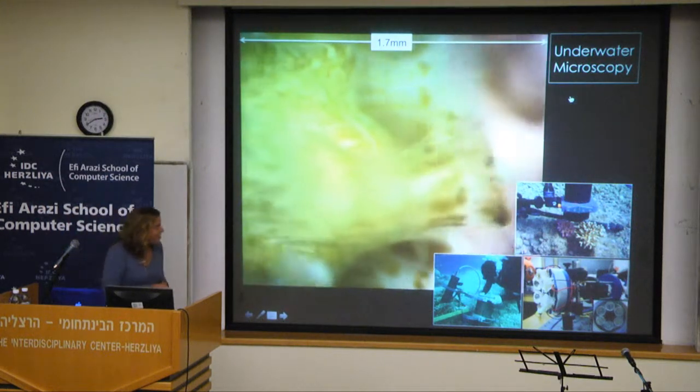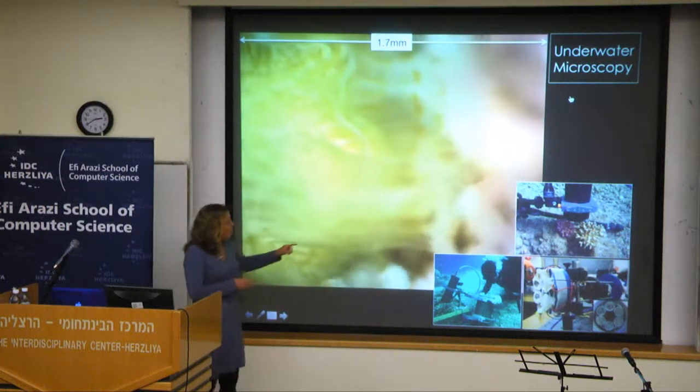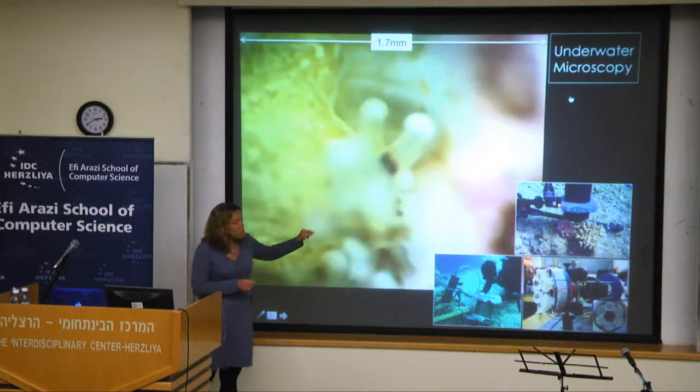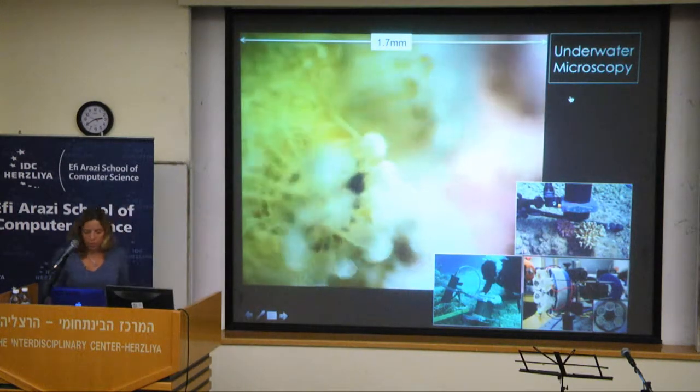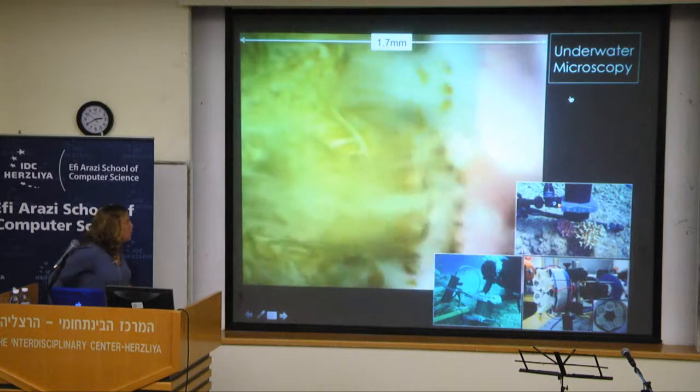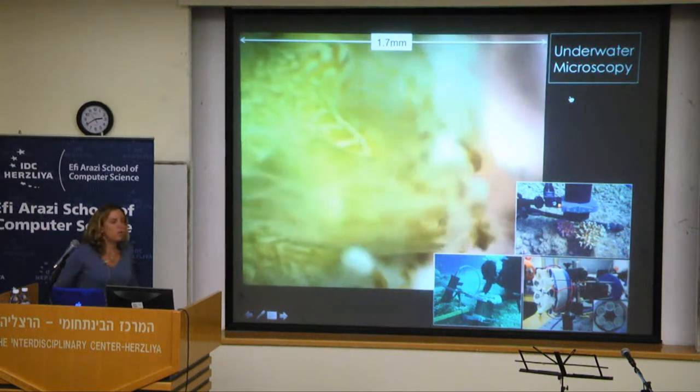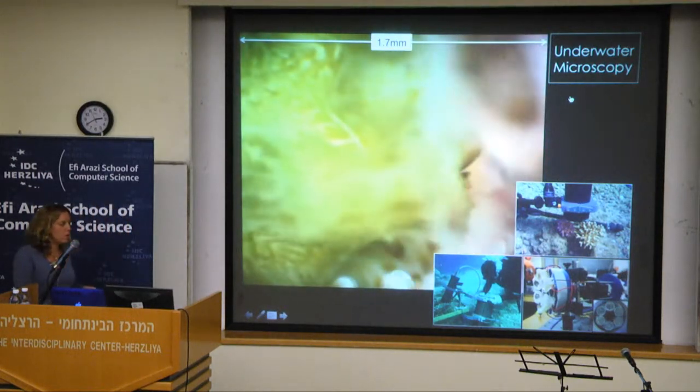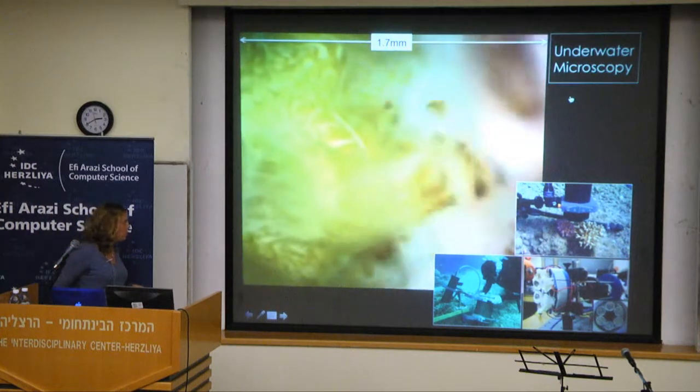And the small brown dots that you see here are symbionts that live in the coral, and their size is more or less 10 microns.